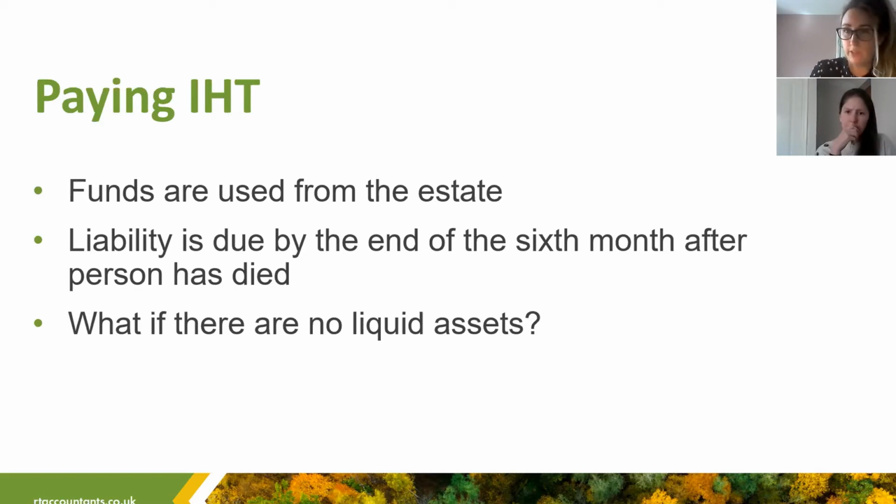The banks will often let you use that to pay inheritance tax if there is a liability, which is useful because the liability is actually due by the end of the 6th month after the person has died, and that is quite soon after the death, and usually you don't have the probate by then. The assets haven't all been collected in and ready to distribute, so cash is needed to pay that inheritance tax.